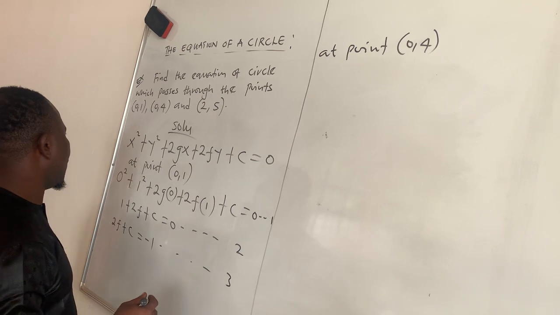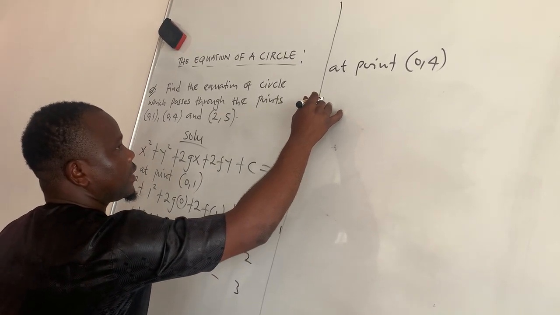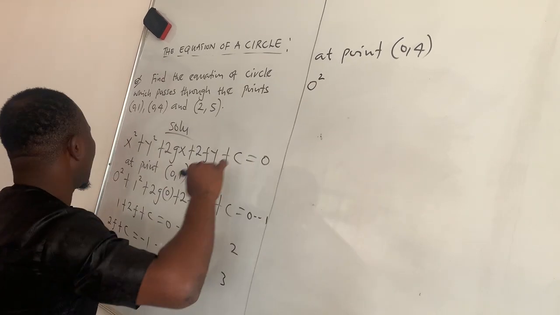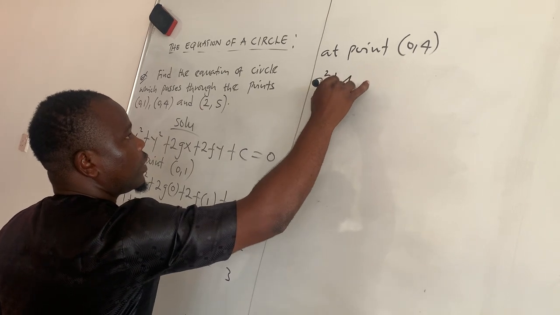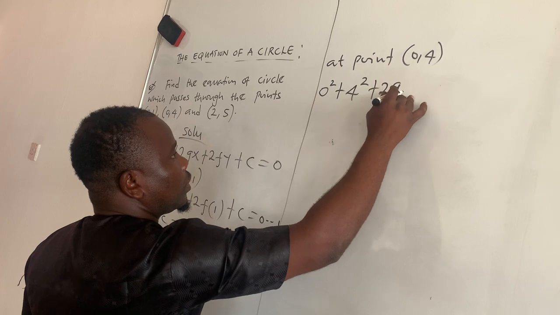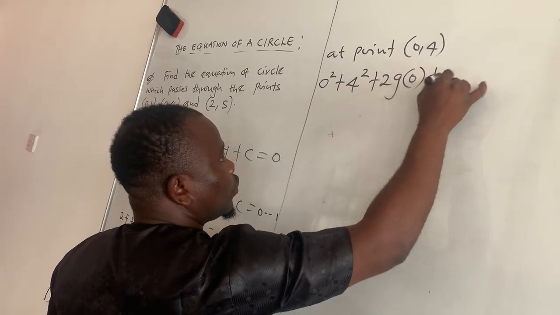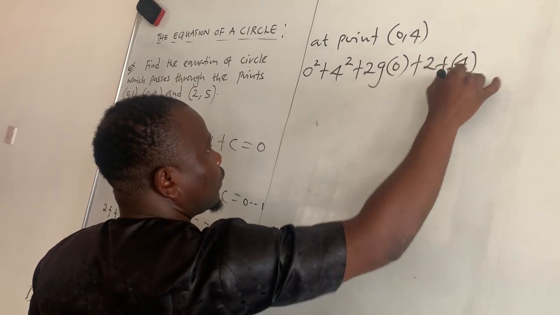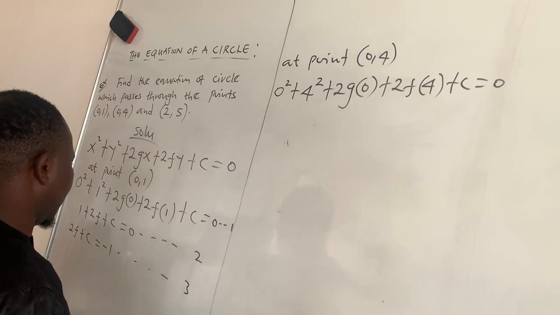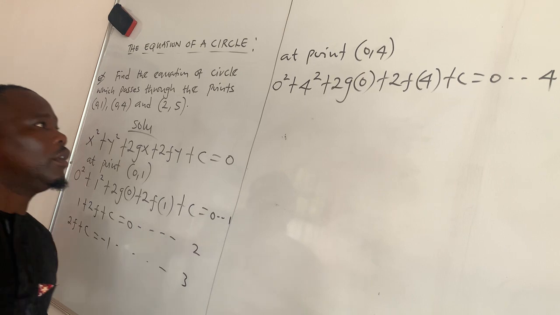So we are going to write it this way: 0 raised to the power of 2 plus 4 raised to the power of 2 plus 2g, note that our x is 0, plus 2f all in brackets 4, plus c equals to 0. This is equation 4.